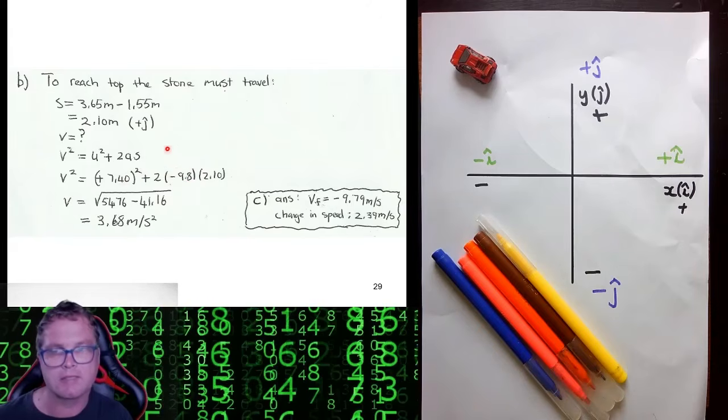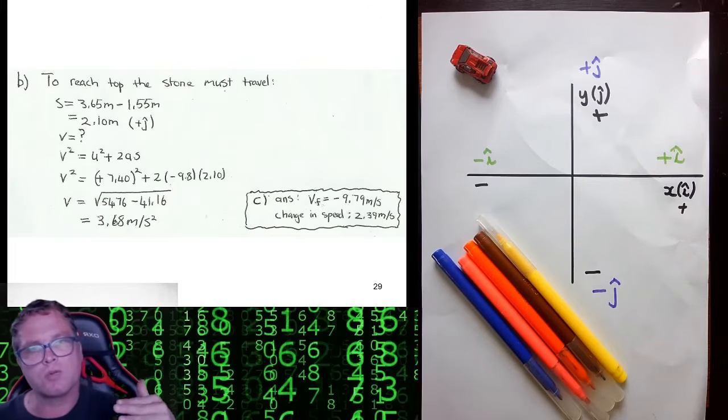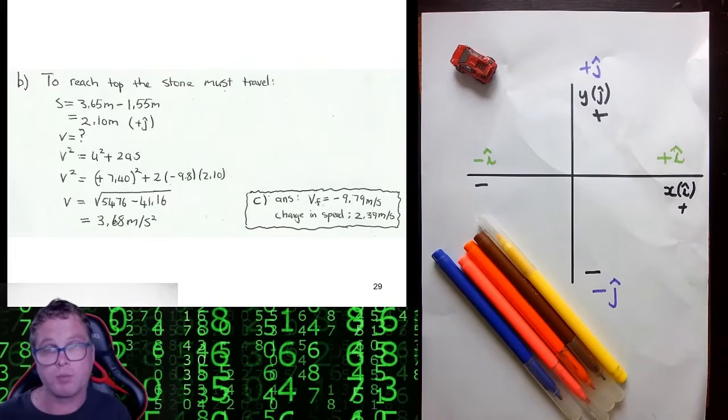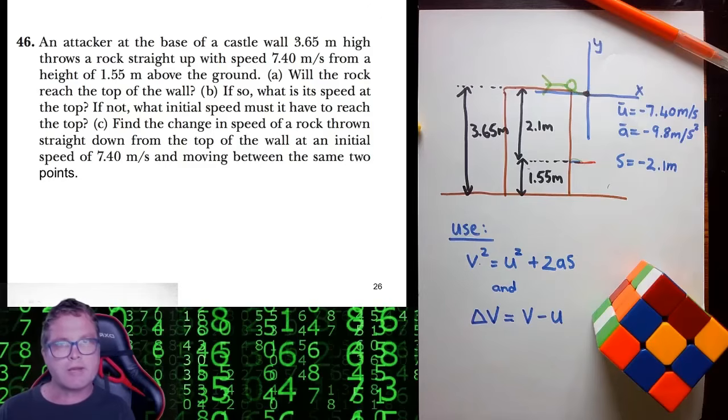We've just calculated the distance here, so we can then solve for v, and the solution that we found is that the velocity at the top of the wall is positive 3.68 meters per second. Here we have a square root sign. We've chosen to use the positive answer because we know that when the rock reaches the top of the wall, it's still traveling upwards.